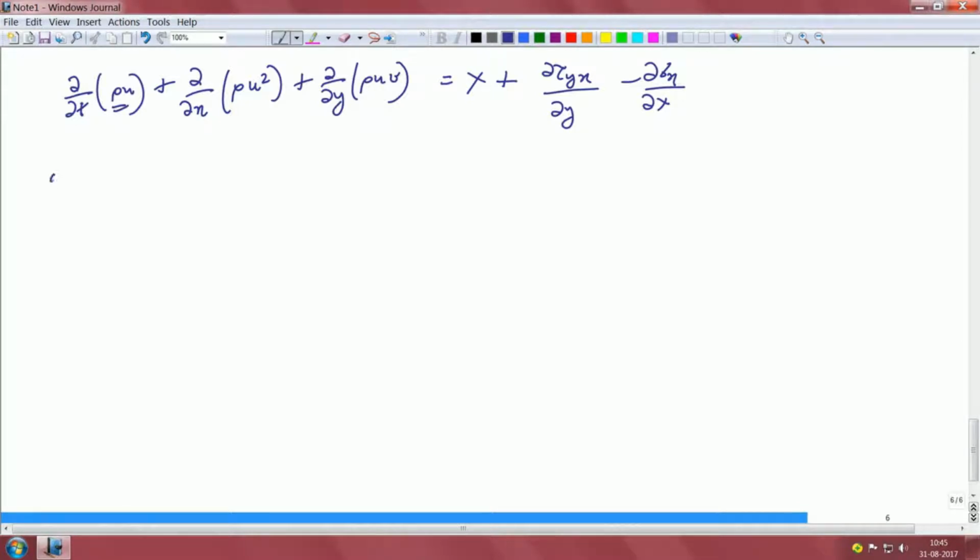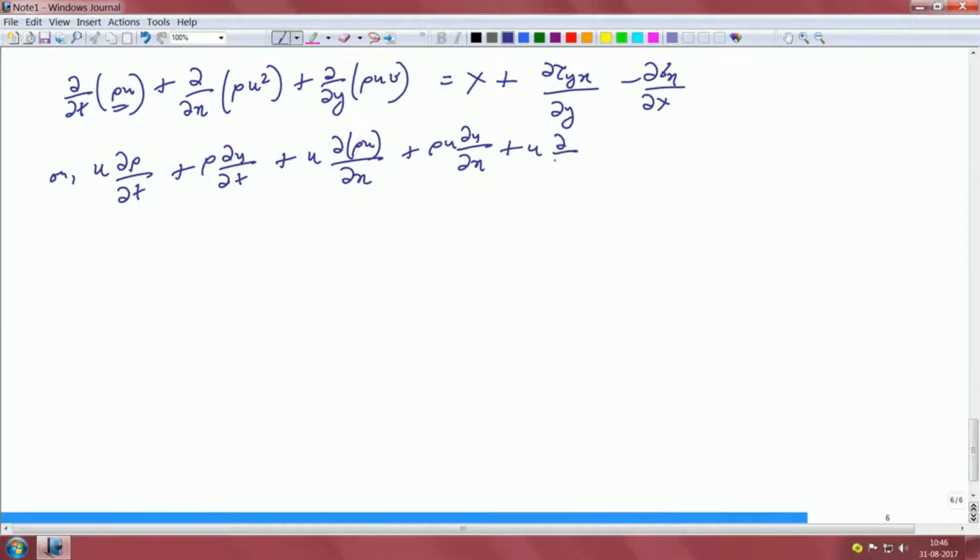What you will get is u d rho dt plus rho du dt plus u d rho u dx plus rho u du dx, plus, it is a long expression basically, rho v du dy is equal to Fx plus d tau yx by dy minus d sigma x by dx.